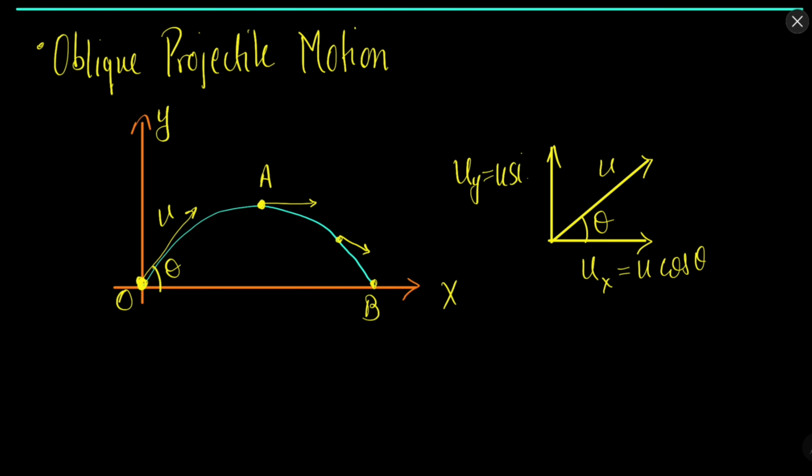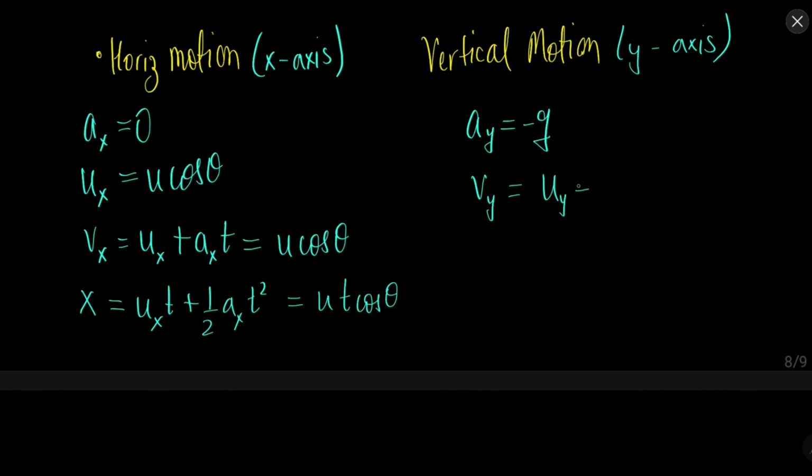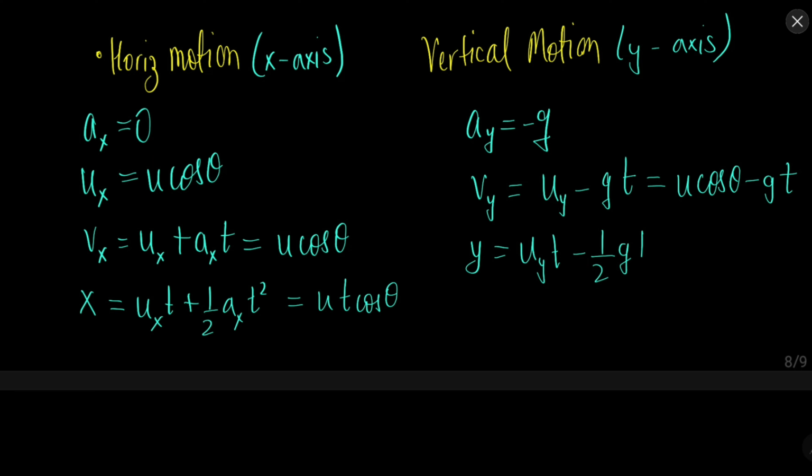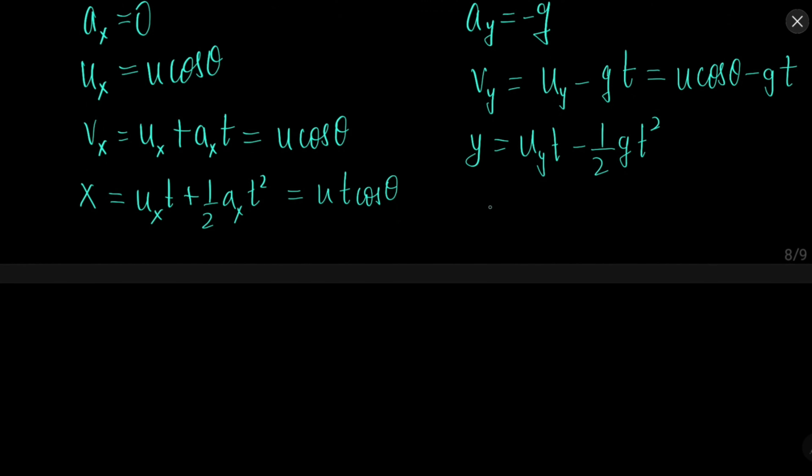So vy equal to uy minus gt, and you can write it as u sin theta minus gt, and y equal to uy t minus half g t square. So here you can write y equal to u t sin theta minus half g t square.